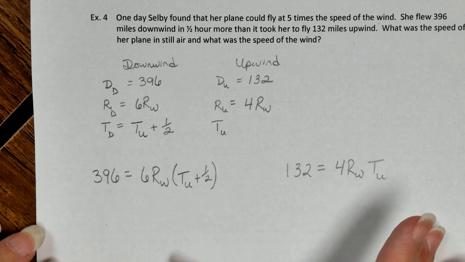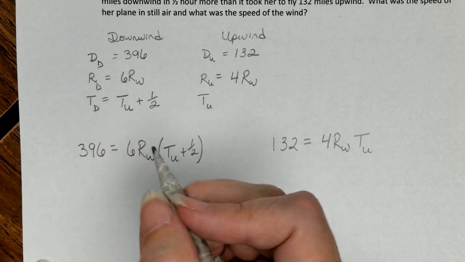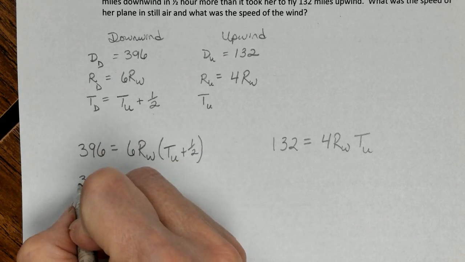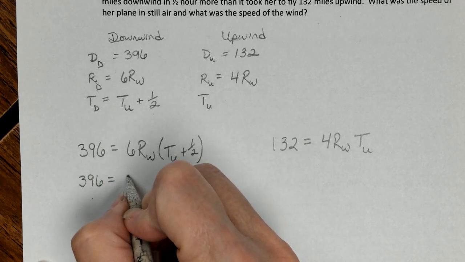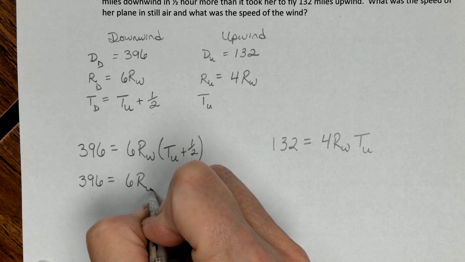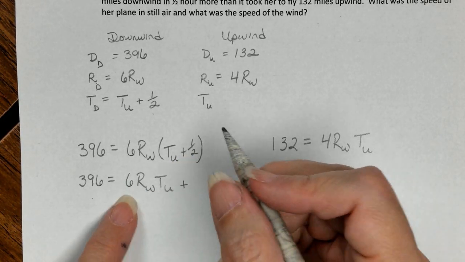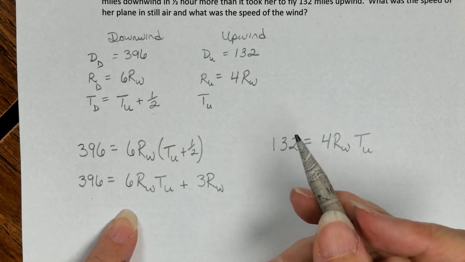Now let's simplify this one on the left. 396 equals 6 RWTU, I'm just distributing, plus half of this, so 3 RW.